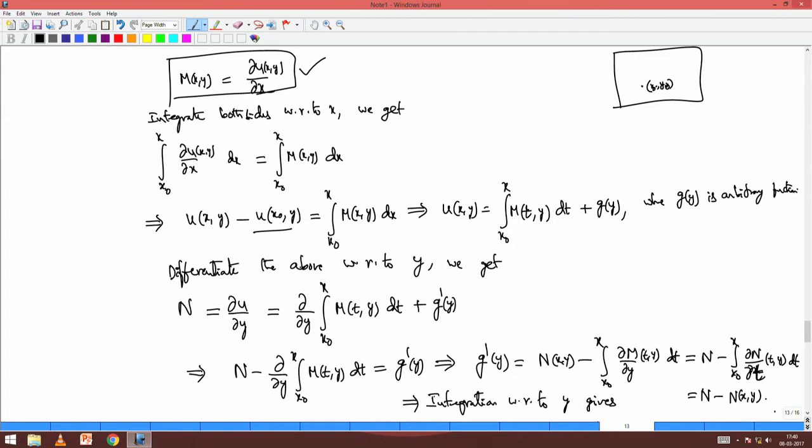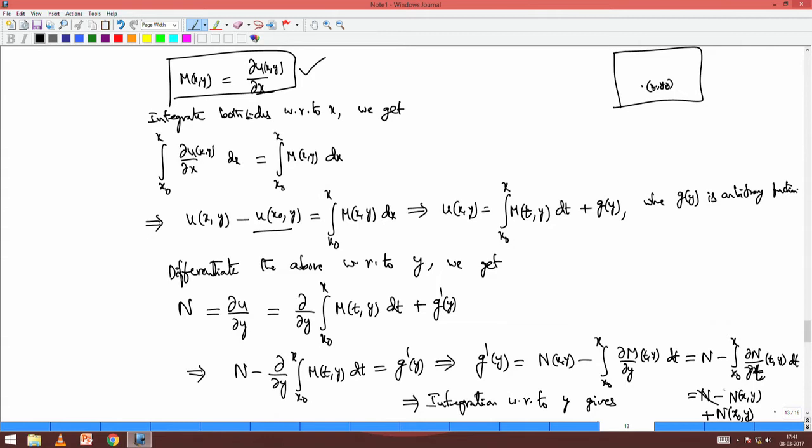plus N of (x naught, y). If I simply integrate ∂N/∂t dt, this goes simply to the total derivative of N at the t variable, N at (x, y), N at x naught.